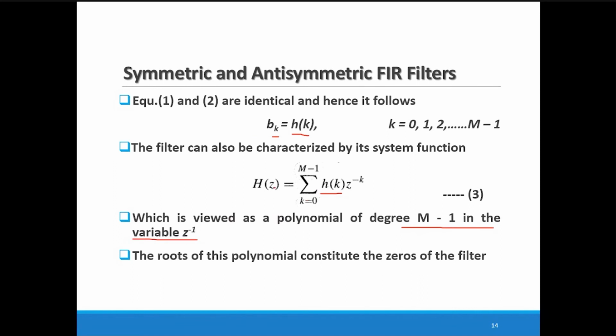The roots of this polynomial constitute the zeros of the filter.